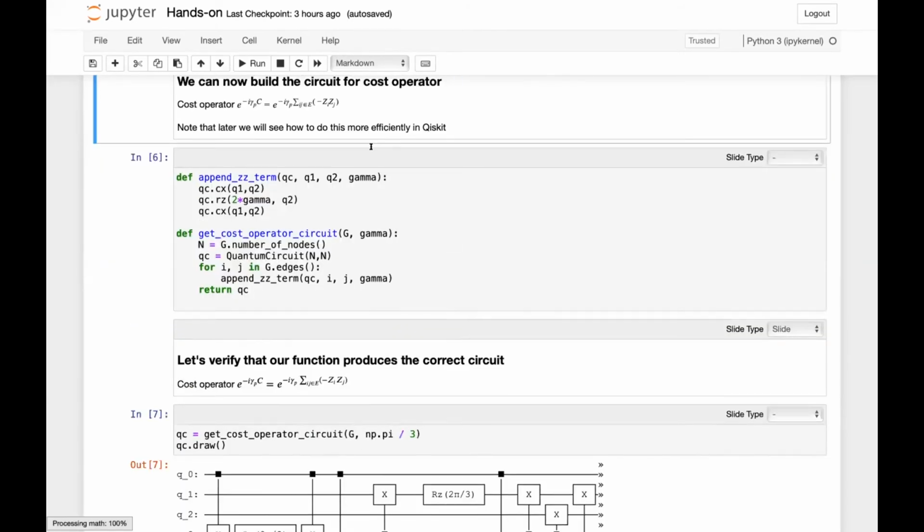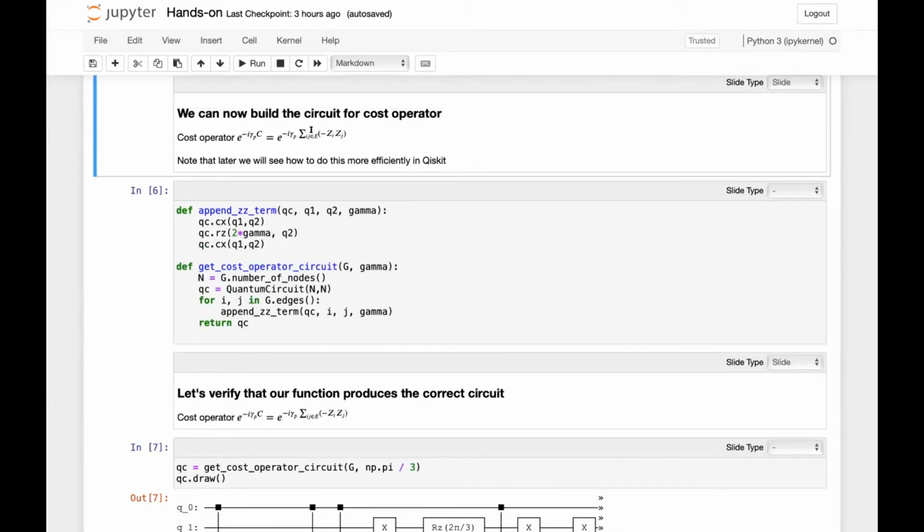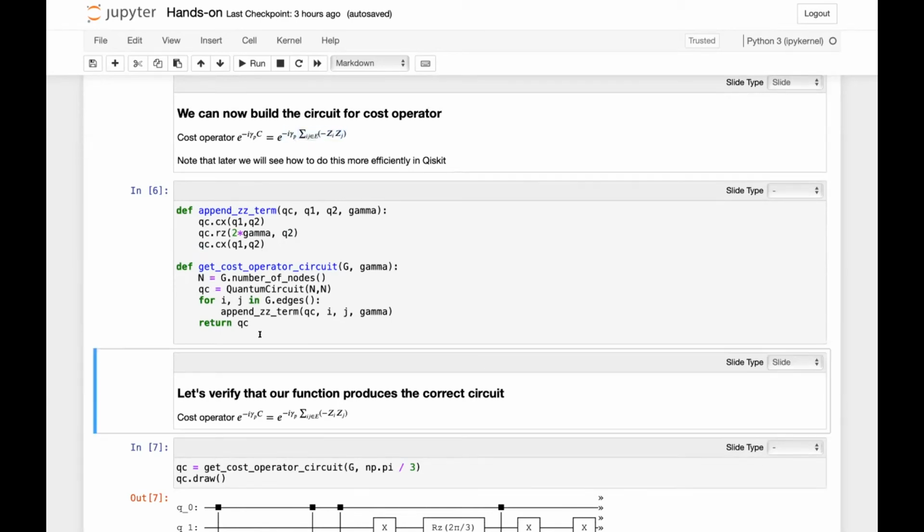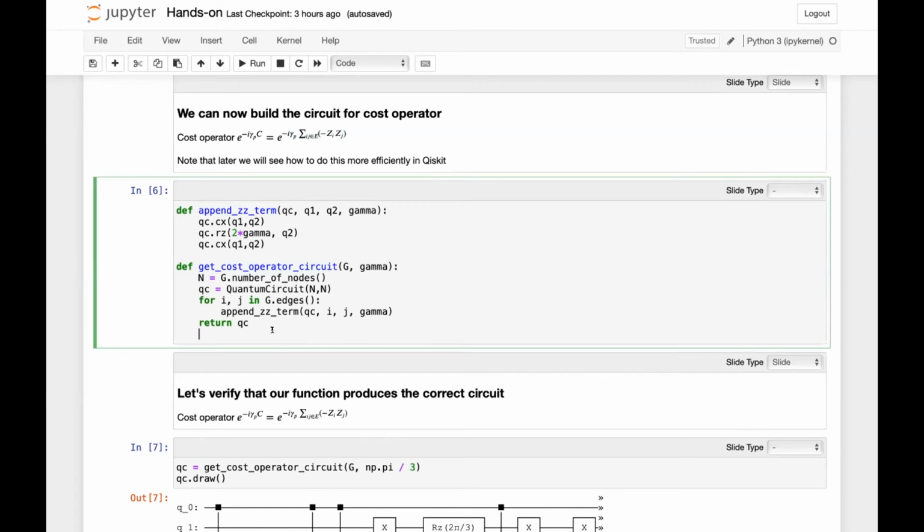Let's start by building the circuit for the cost operator, which is the exponent of minus i gamma times the sum over ij of ZiZj. The way we're going to build this is very simple. We start with an empty quantum circuit just for this operator, and for each edge, we append the term corresponding to the exponent of ZiZj. Remember, because they all commute, we can unfold this into a product of their exponents.